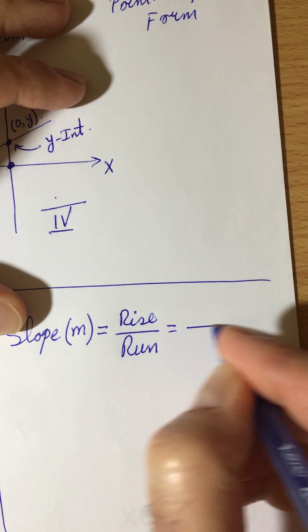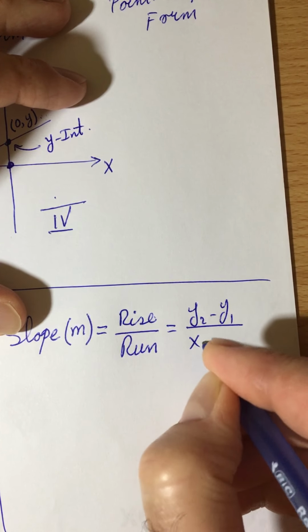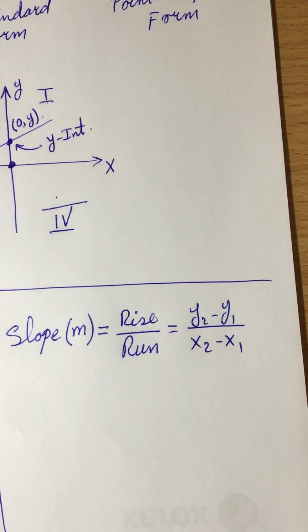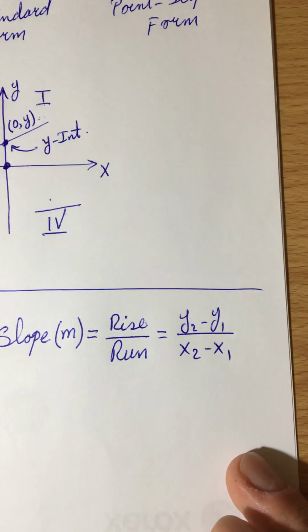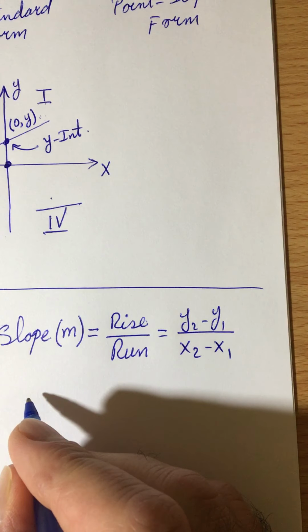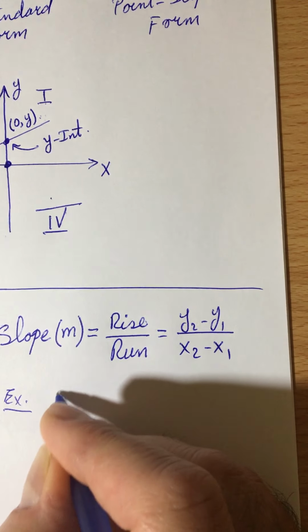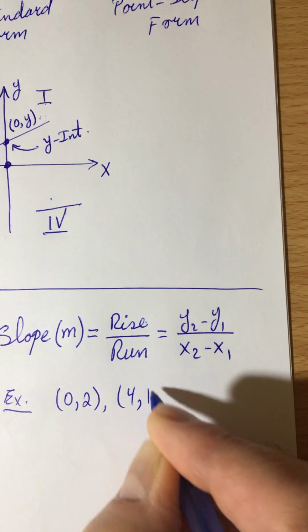The formula is y2 minus y1 over x2 minus x1. I hope you guys remember that one. So, for example, let's say I give you 2 points: 0 and 2, and 4 and 1.